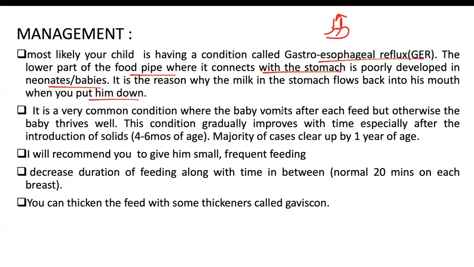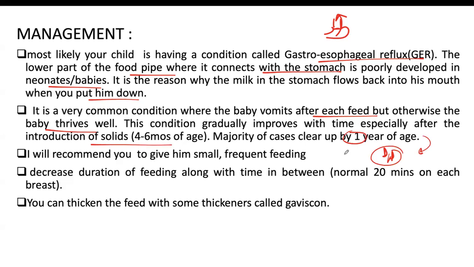It is a very common condition where the baby vomits after each feeding but otherwise thrives well and gains weight. The condition usually improves with time, especially after the introduction of solids, and majority of the time it will clear by 1 year of age. But it could be due to other conditions. If you have some time, you can give some differentials.